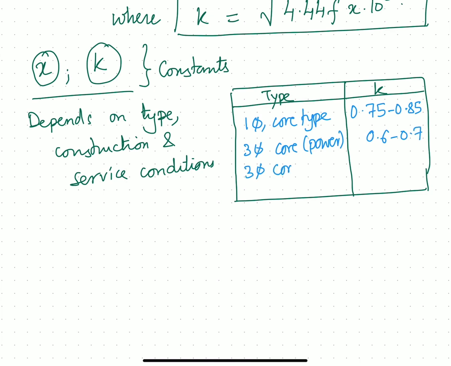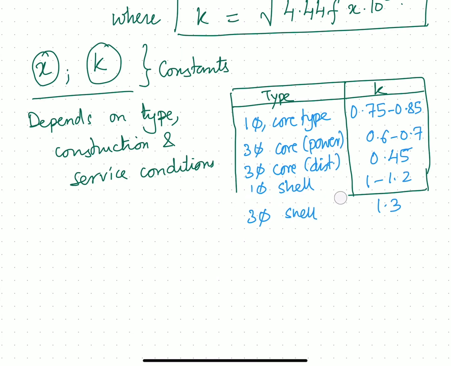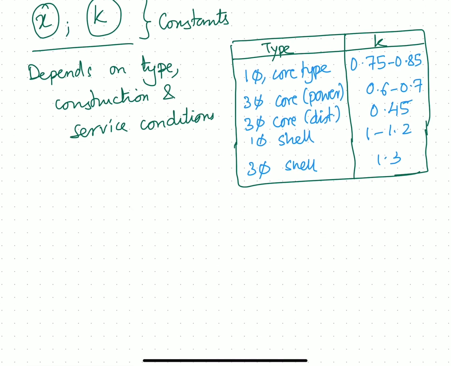Three phase core distribution, the value is 0.45. Single phase shell, it is 1 to 1.2, and if you have a three phase shell, the value is 1.3. So these are typical values of this constant k, depending on the type, construction, and nature of service that the transformer provides. Is this okay?